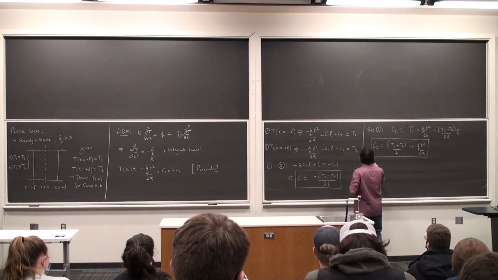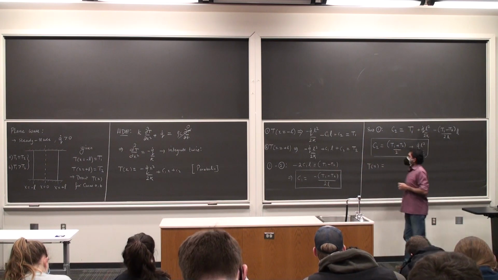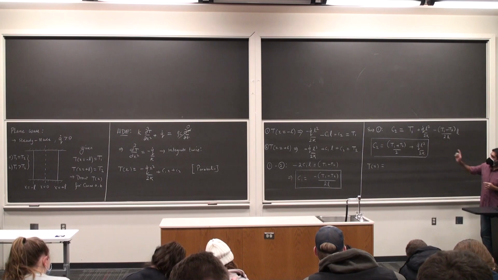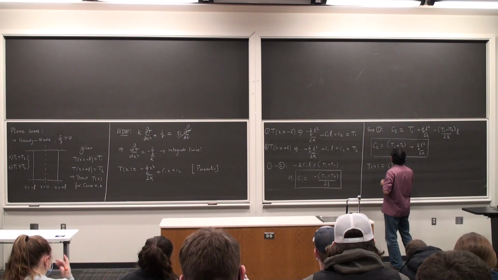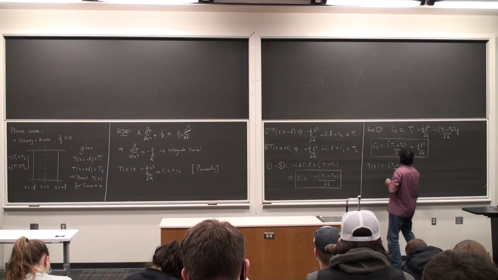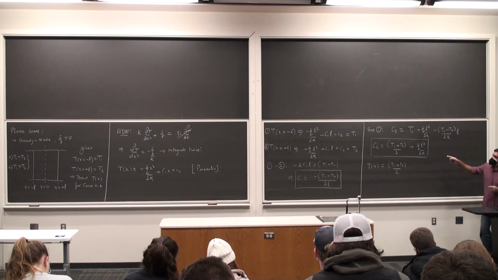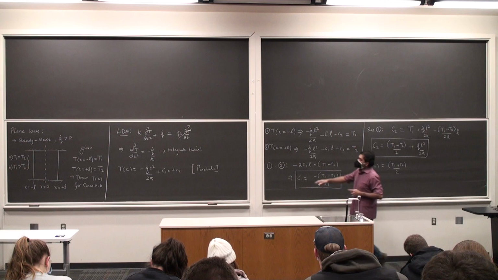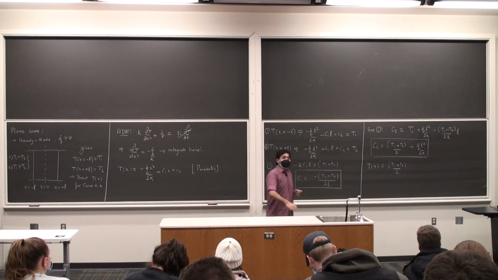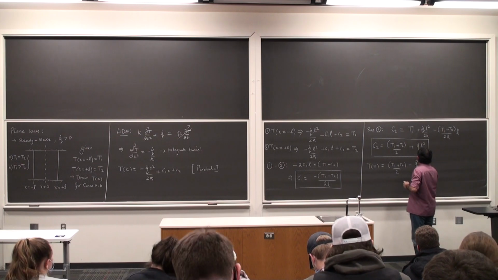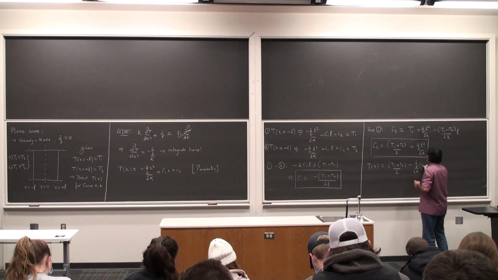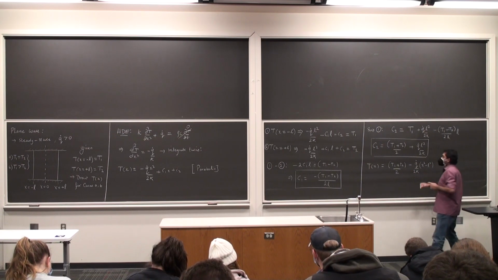So T of x, if I substitute it back, C2 will remain as it is. I'm going to take this q dot L square by 2k and club it together with this minus q dot x square by 2k, and I end up getting minus q dot by 2k times x square minus L square.